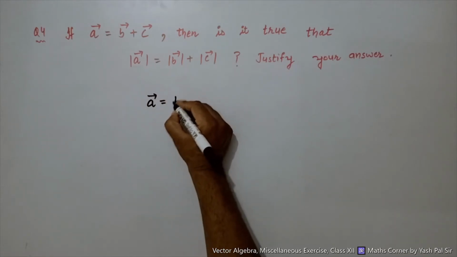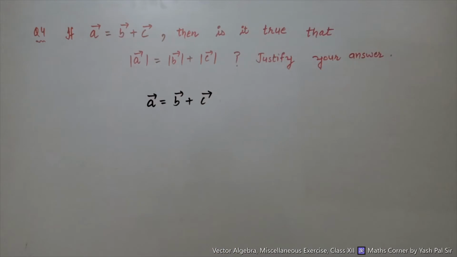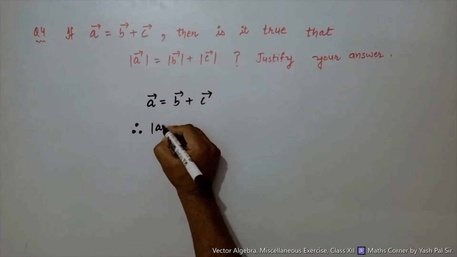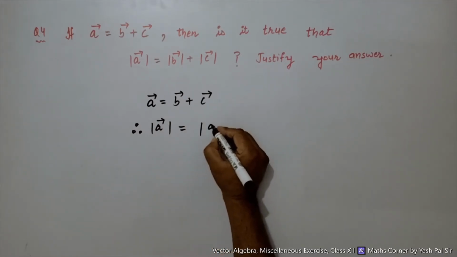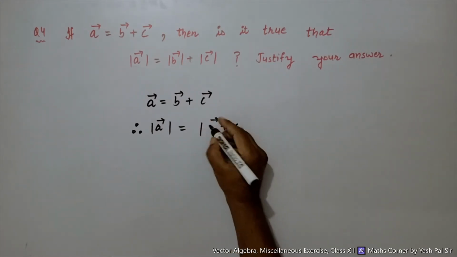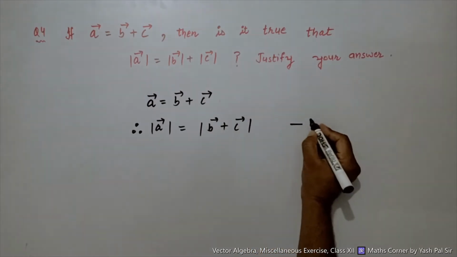Vector A is equal to vector B plus vector C. Now what we do? We take magnitude both sides. So we have magnitude of vector A is equal to magnitude of vector B plus C. What is the right hand side? B plus C. This is number 1.